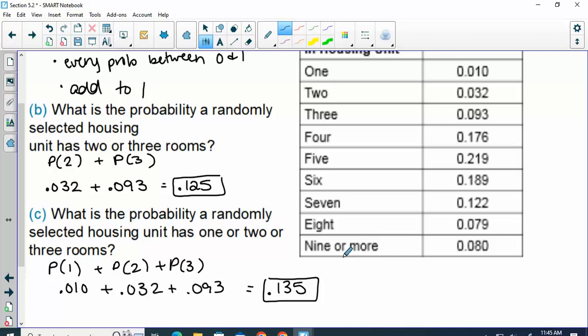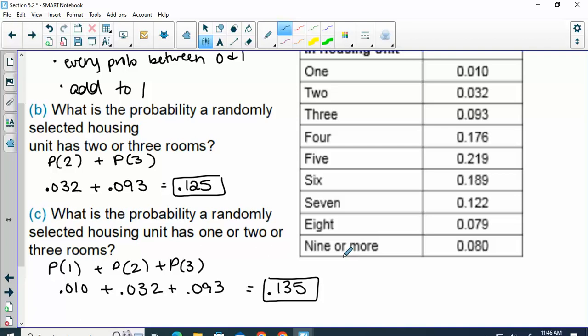So if I were counting the number of people in softball out of our school, plus the number of people in cross country out of our school, what happens to those people that are in both? They got double counted, didn't they? I counted them in both groups, so then the probability really isn't accurate anymore.